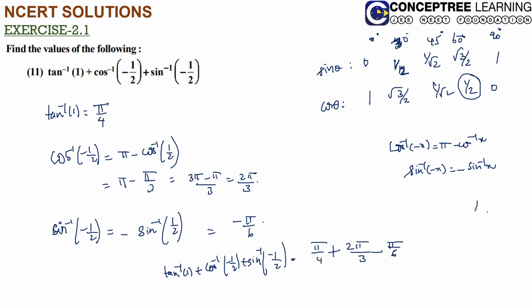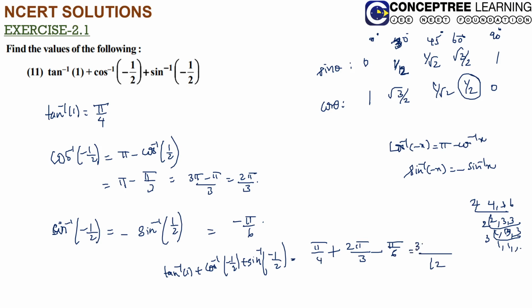So we need to find the LCM of 4, 3 and 6. By 2 table it is 2, 3, 3. Again by 2 table 1, 3, 3, and by 3 table 1, 1, 1. So 2 2s are 4, 4 3s are 12 is the LCM, which is equal to 12. And here 4 3s are 12.